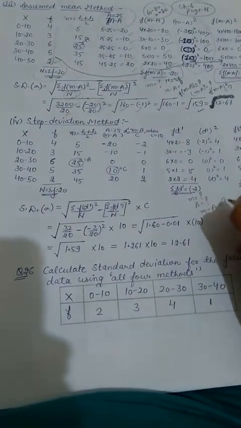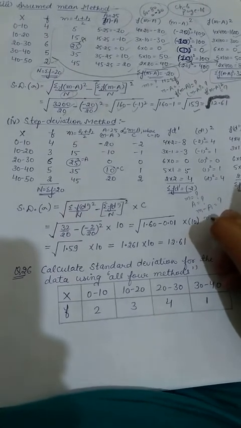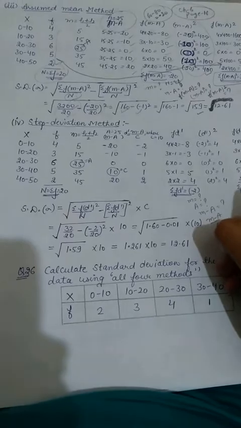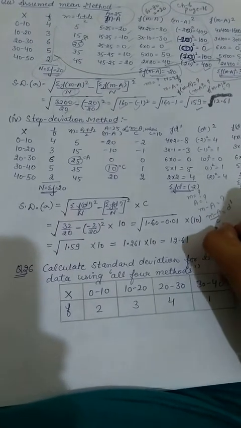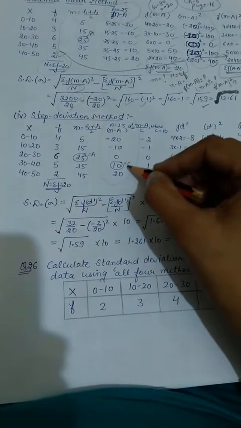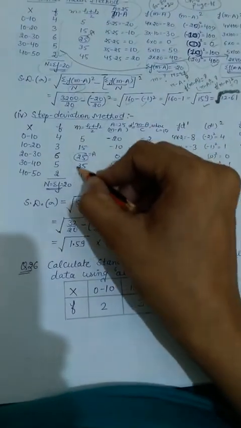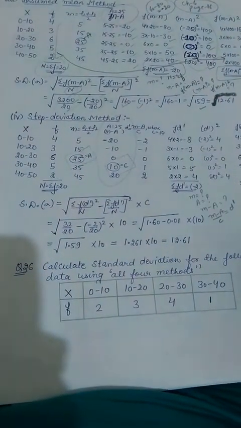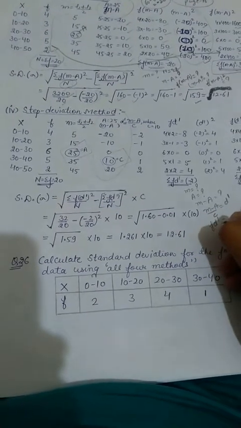Then you need (m minus a) upon c, that is your d dash, and c you have to choose from this column, the value which will divide all the values.